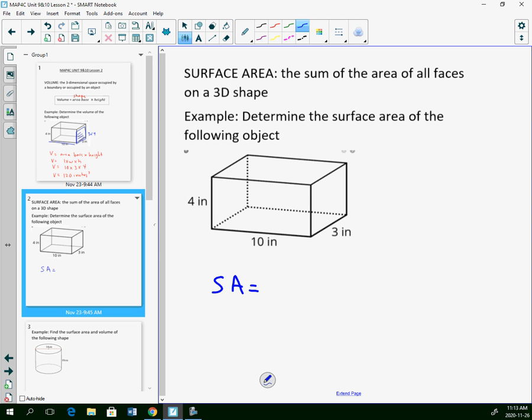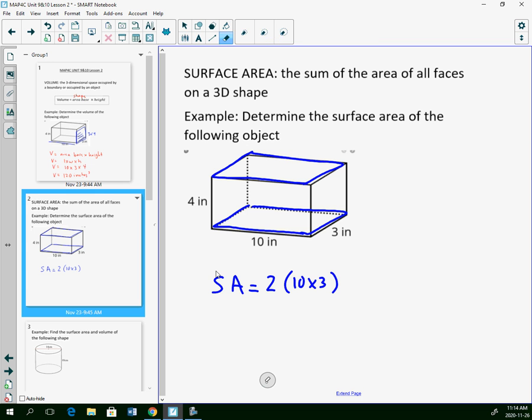So if we take this apart, we have this side here that is a 10 by 3, and we have 2 of them, right? So we have one up here. So the area of that side is 10 by 3, and we have 2 of them. Then we have this side here, which is 3 by 4, and we have 2 of those, right?